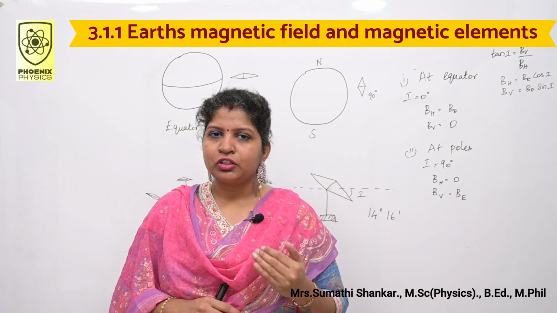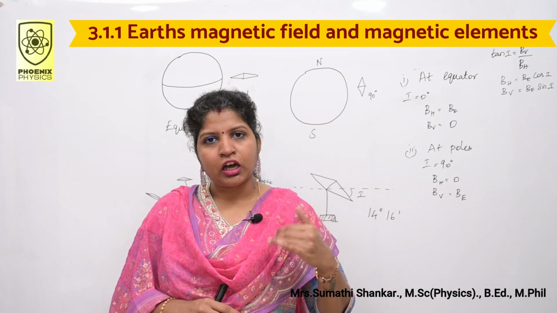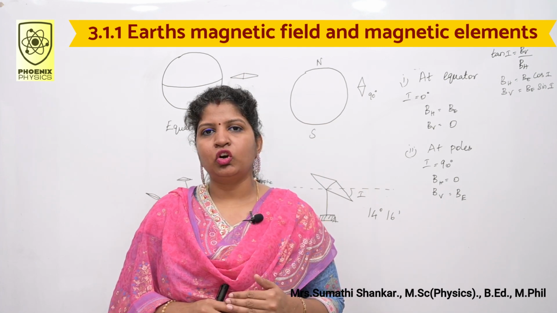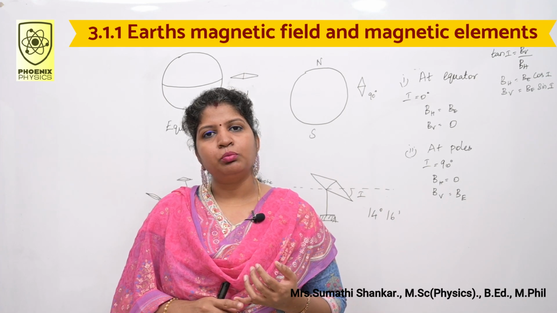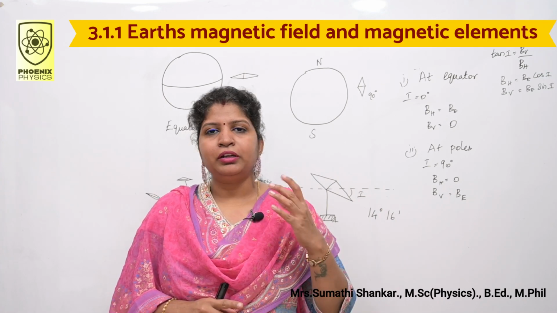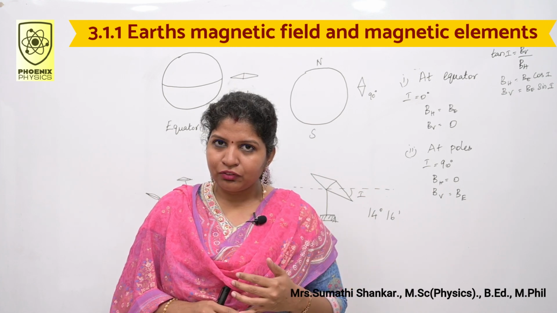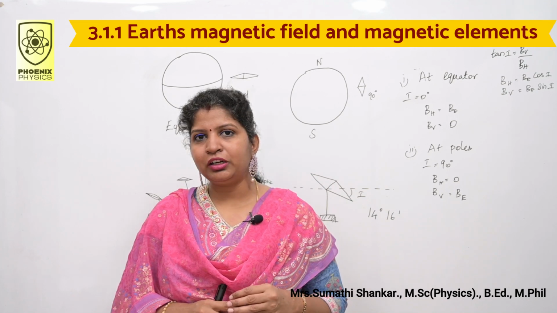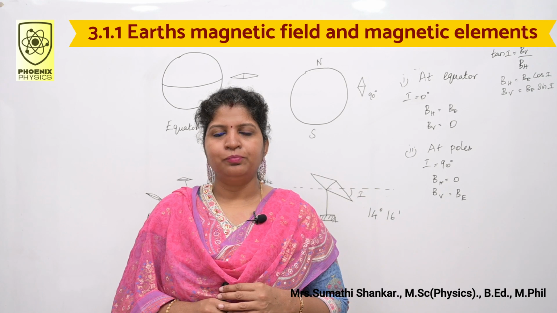The angle subtended by Earth total magnetic field with the horizontal direction in the magnetic meridian is called magnetic inclination. Next, we discussed about horizontal component of Earth magnetic field. The component of Earth magnetic field along the horizontal direction in the magnetic meridian is called horizontal component of Earth magnetic field.